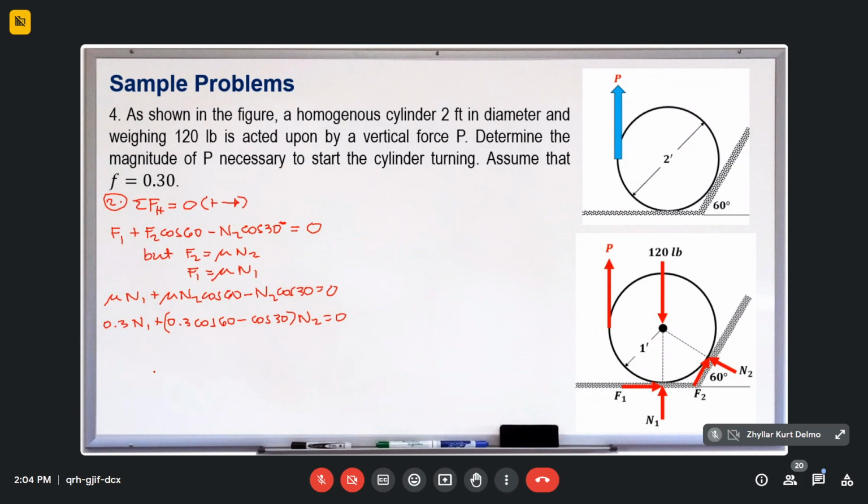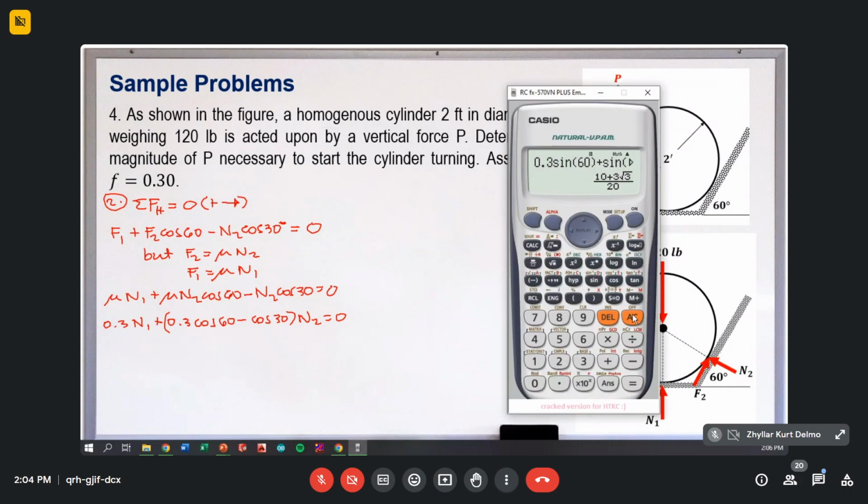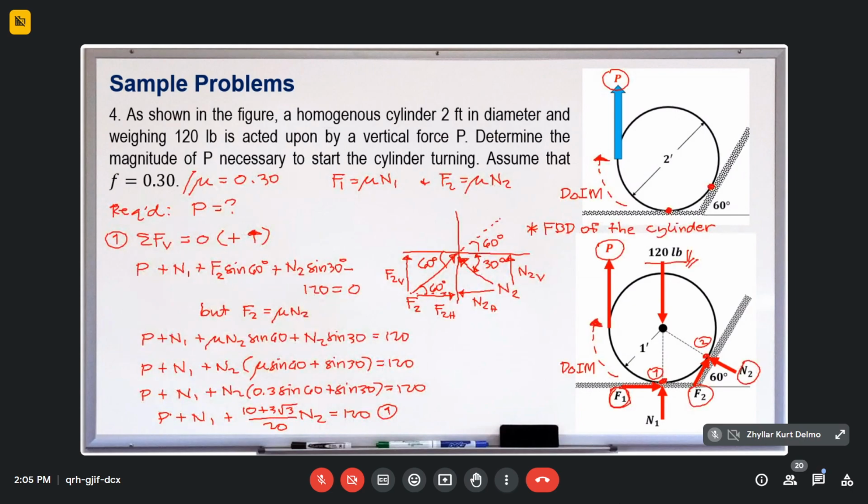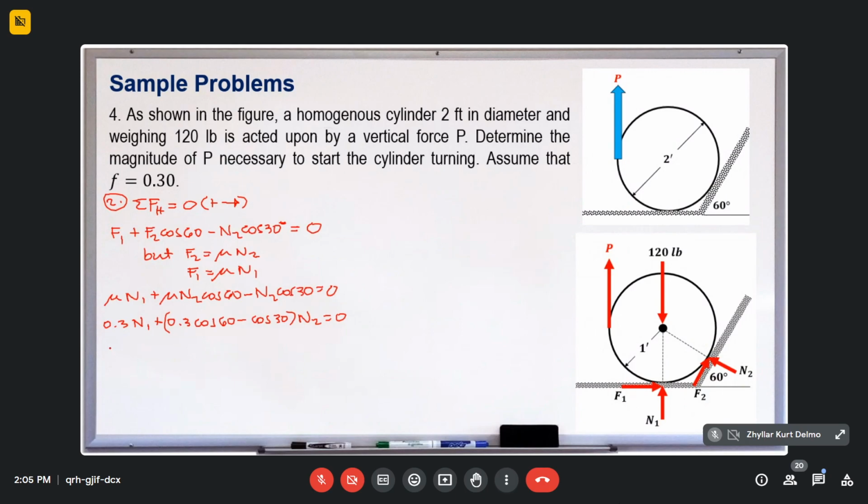Pero ato na siya i-simplify ang iyang coefficient for N2. So, 0.3 cosine 60 minus cosine 30. That is equal to 3 minus 10 square root of 3 over 20. So, para same na siya og arrangement sa equation 1, P diri.